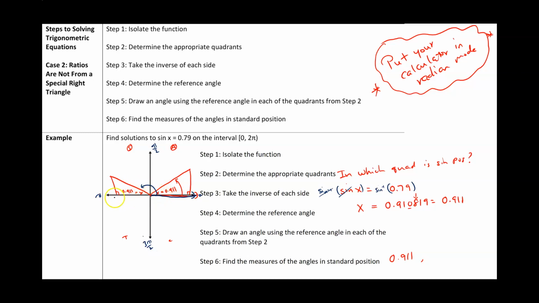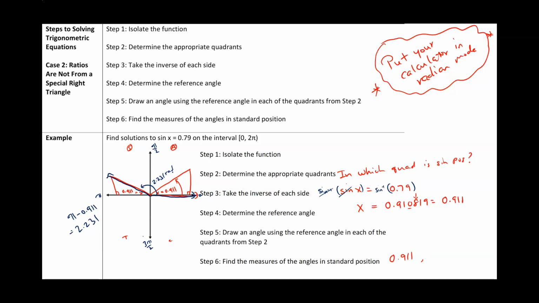So this whole thing is pi, but we're missing 0.911 of it. So if I take pi and subtract off 0.911, which is this angle that we're missing, because we just want the measure of the angle that I have highlighted here in purple or whatever color this is, then I'm going to get 2.231 as the measure of this angle, 2.231 radians.